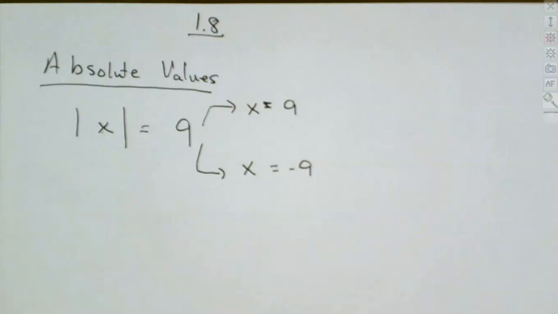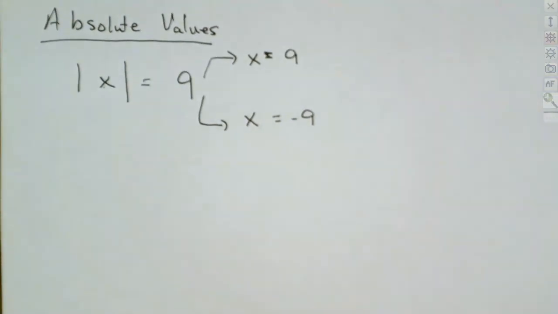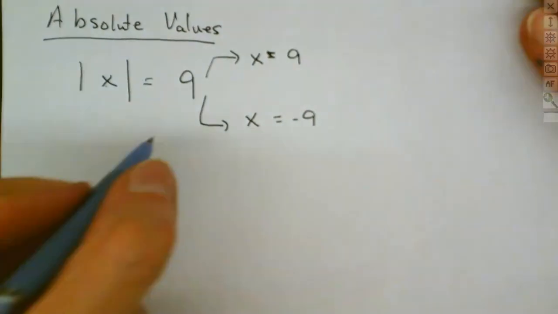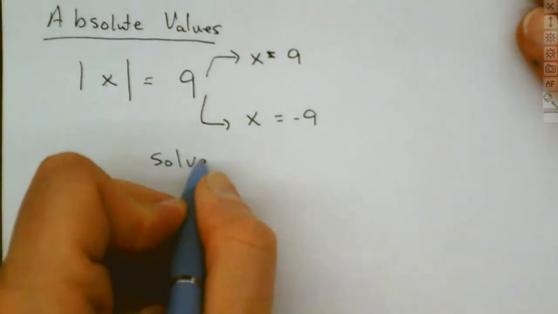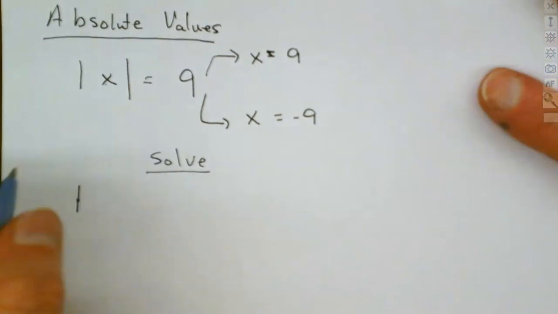So when we solve absolute values, we get two equations, and that gives us two answers. So let's solve a few of these. So here's an easy one to work with.